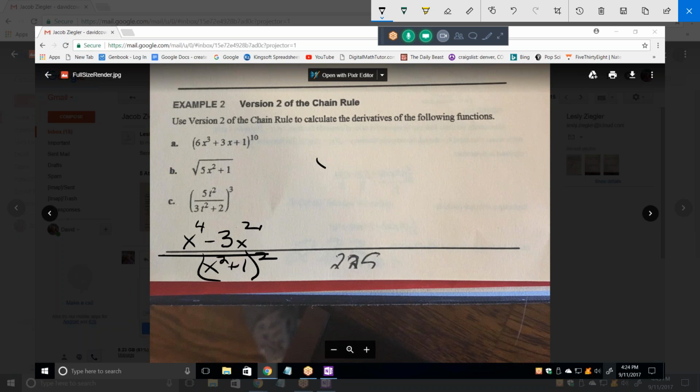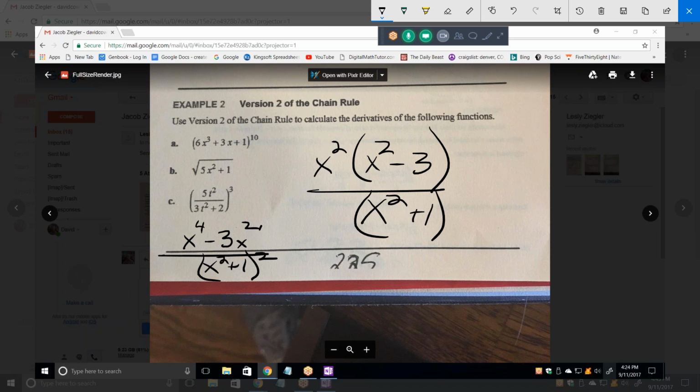X squared. Leaving? X squared minus 3. Unfortunate that that wasn't x squared plus 1, because then I could have done some heavy-duty cancellation. Well, I can't. I cannot cancel x squared minus 3 with x squared plus 1 in any way, shape, or form. So that's my final answer.